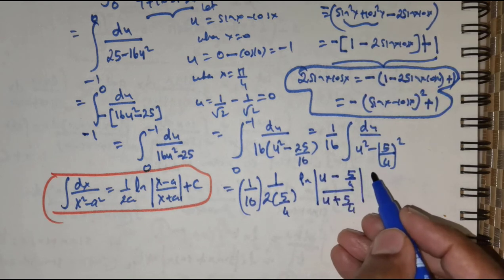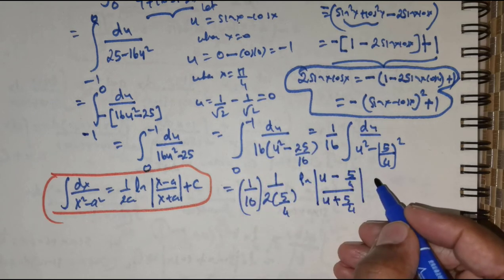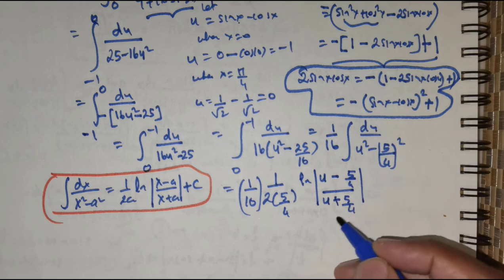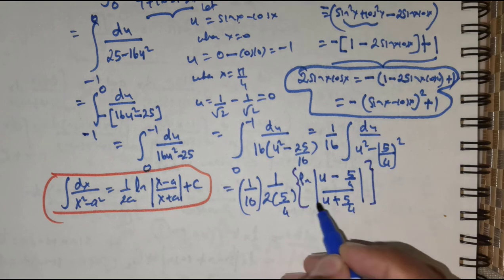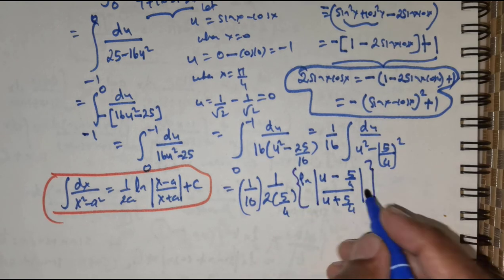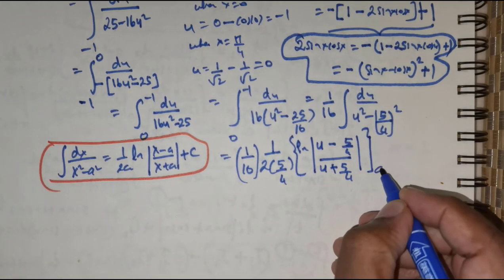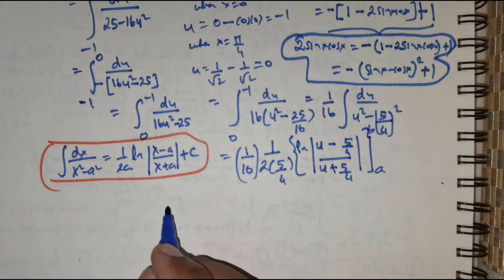Of course, the limits are 0 to negative 1, so we will have to place the limits. Before we place the limits, I would like to make the simplification. So I will just simply place the parenthesis and probably some limit a to b. I'm not going to use the limit as just now.